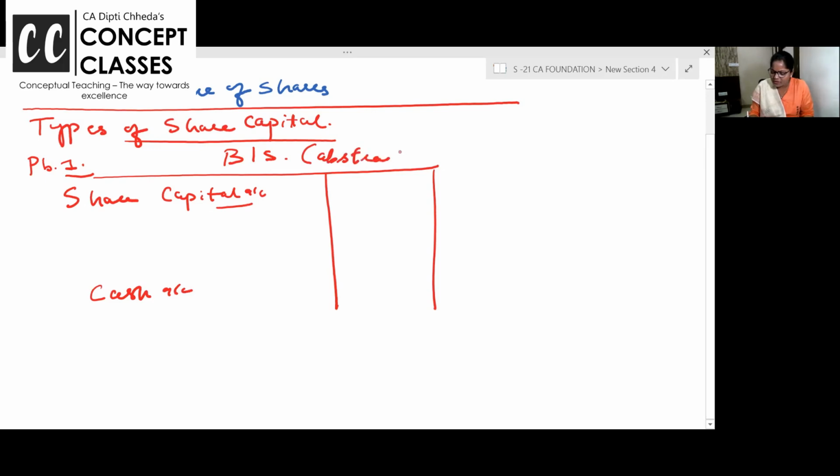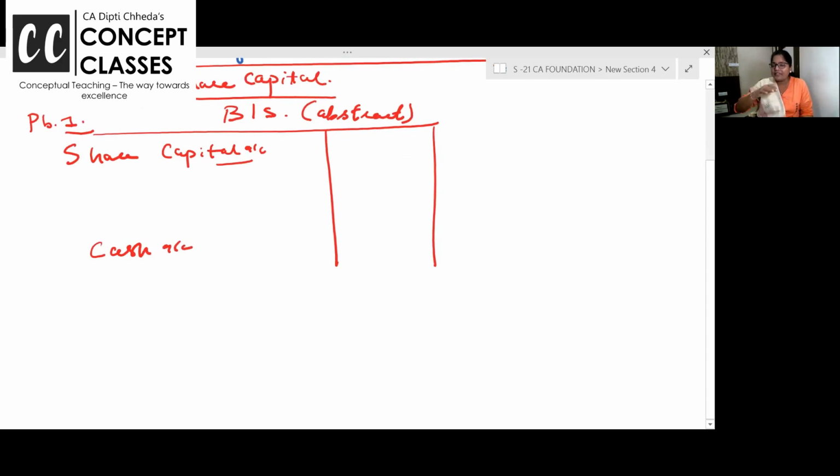I am not teaching you the format of the balance sheet. It is a vertical balance sheet, and you may be wondering, ma'am, for proprietor and partnership, liabilities are on the left side and assets on the right side. In a company's balance sheet, liabilities come first and below that only assets.